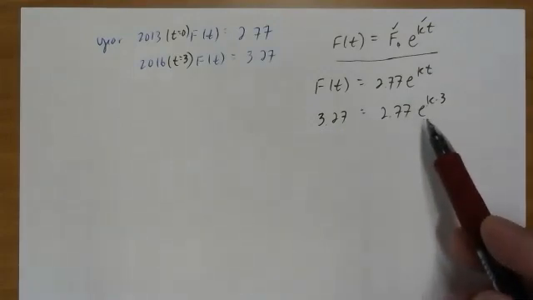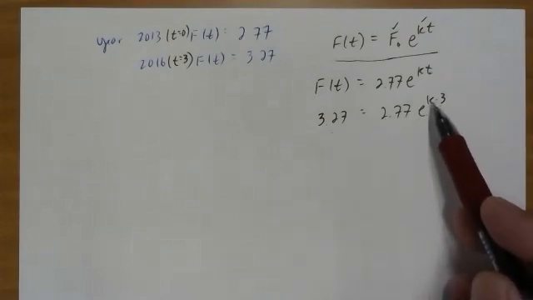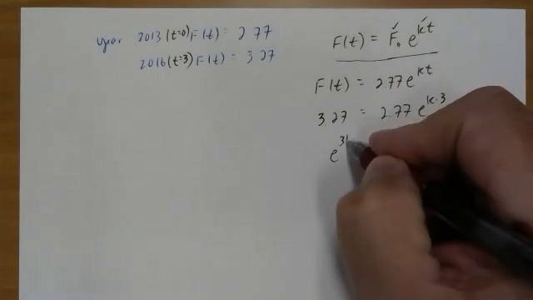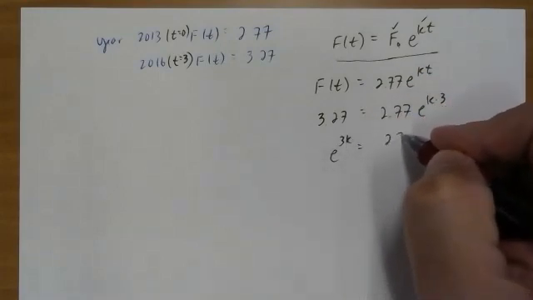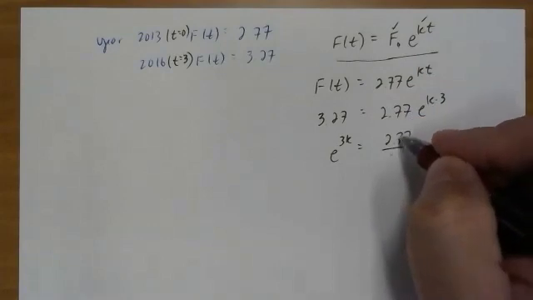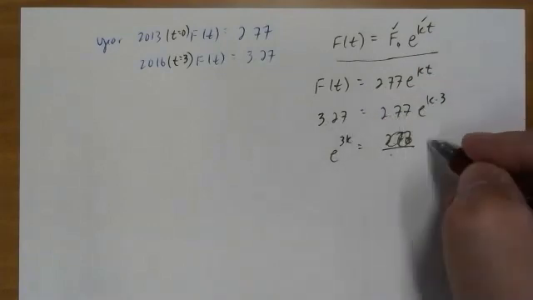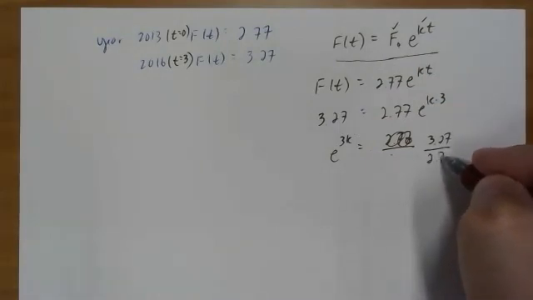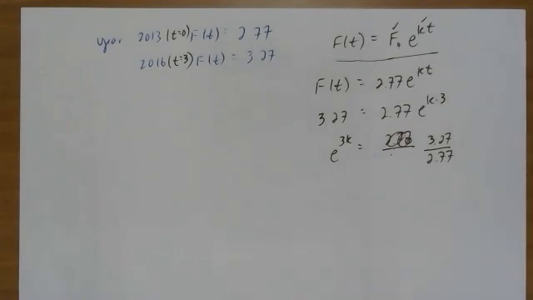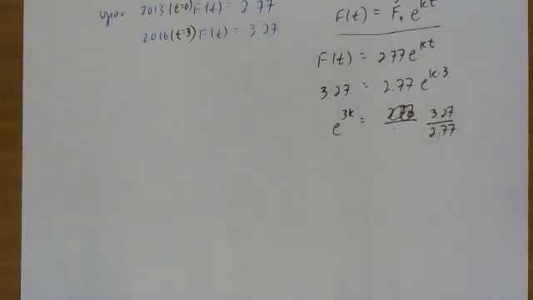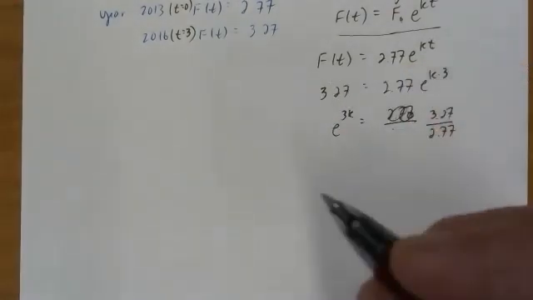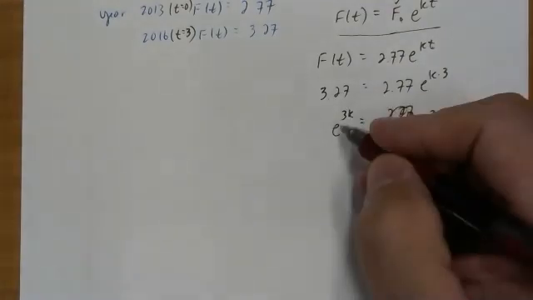Now we did this a little bit ago. I said we're going to be doing this a lot, where you've got the variable up in the exponent, you have to solve for it. Remember what you do, you get the exponent by itself. So you say e to the 3k equals 3.27 over 2.77. You take this divided by this. I'm going to leave this like this for now, because to get at the k up here, I'm going to take the natural log of both sides.